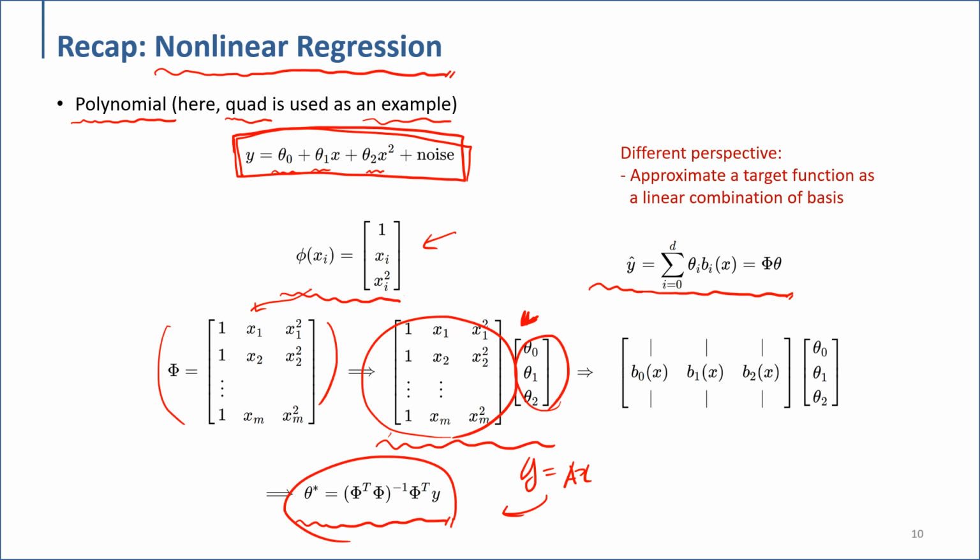That's what we learned last time, and based on that, we can think about this problem differently. Here we can think that the problem is exactly the same as approximating a target function as a linear combination of bases.